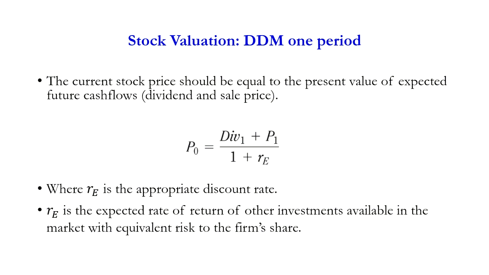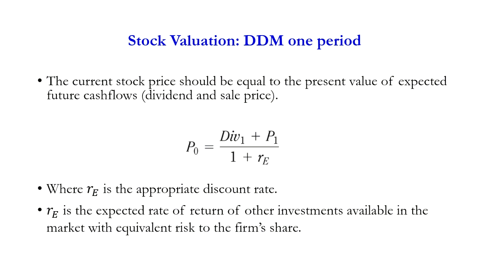Let me rephrase what I said so far. By our valuation principle, the current stock price is equal to the present value of expected future cash flows, which are the dividends that we are going to receive by holding the stock and the sale price if we decide to sell this stock at a future date.